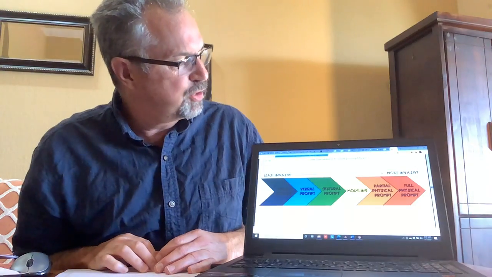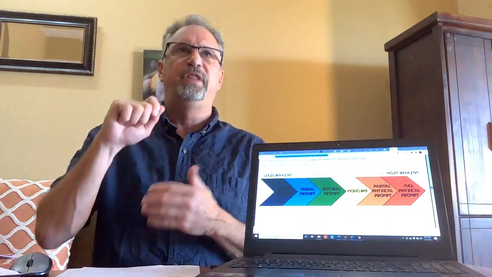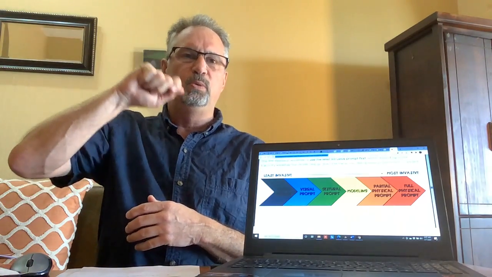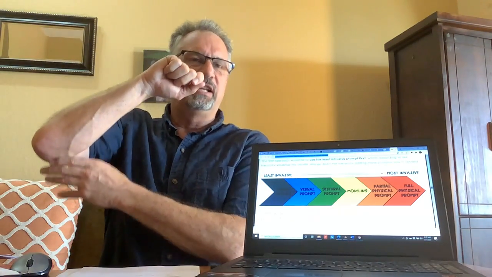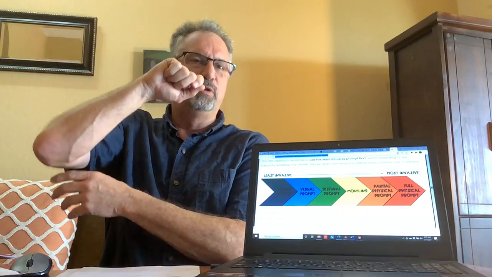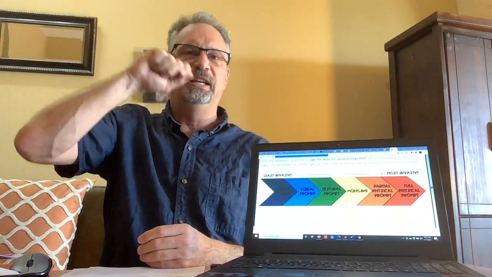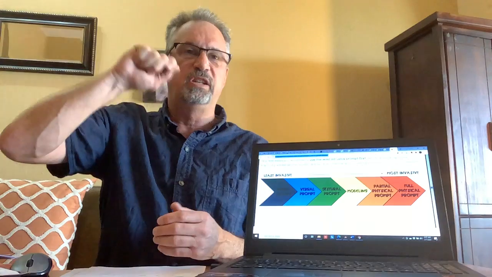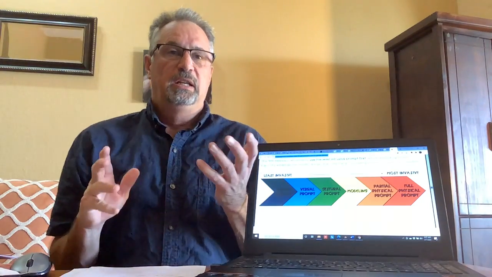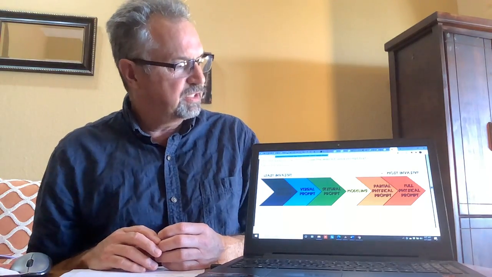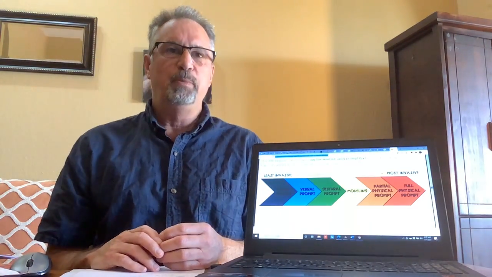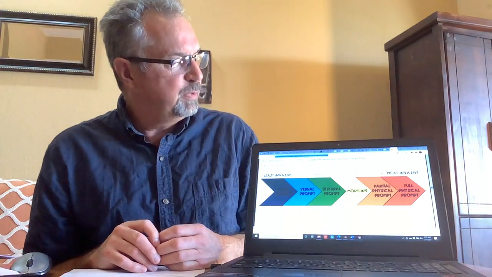Then partial physical prompt. For instance, if they weren't able to do the up and down, maybe I could put my hand underneath the elbow and gently push and see if that would work. And if he started doing that, then he would be successful with the task analysis there. The same goes for a discrete trial.